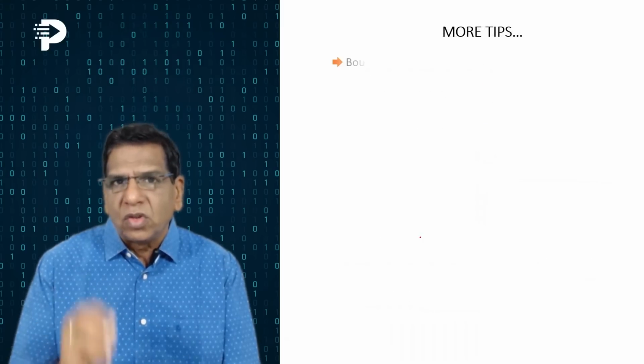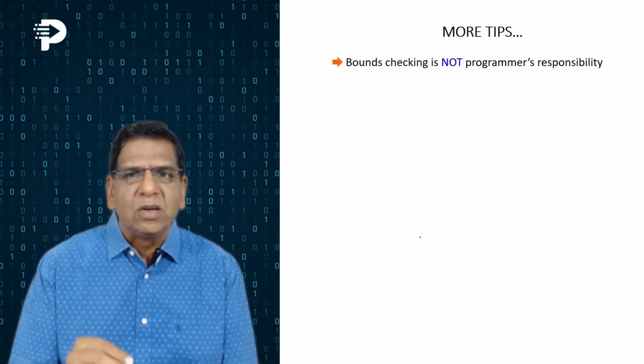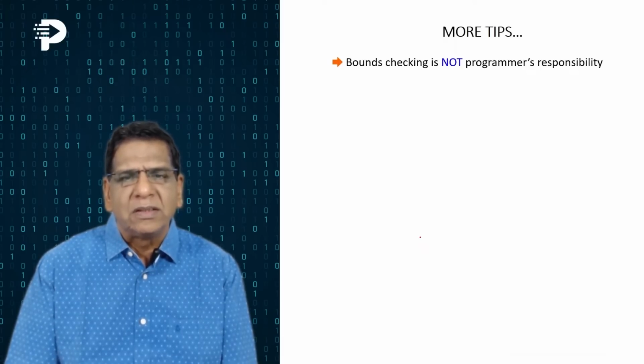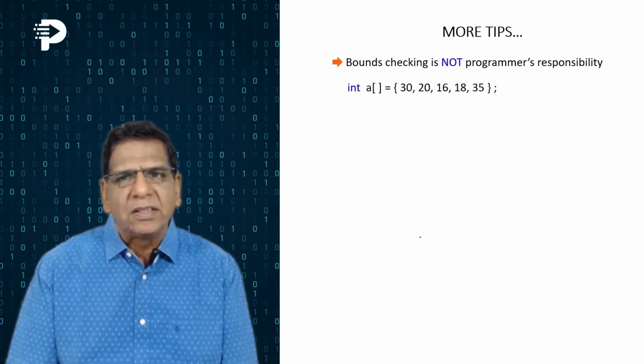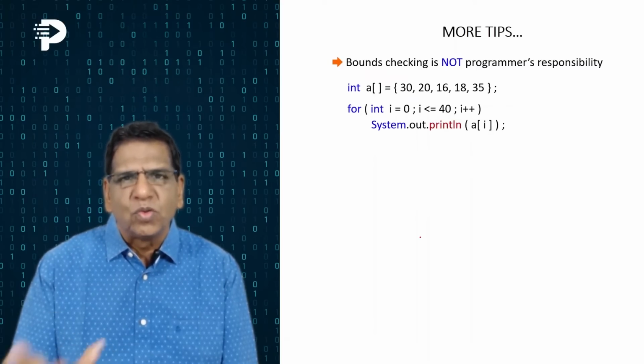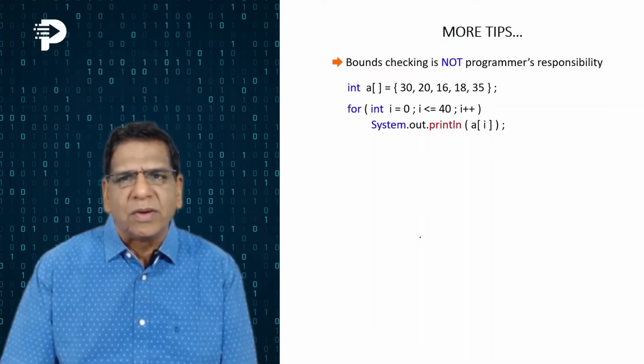Then, it is not a programmer's responsibility to check the bounds of an array. By this what I mean is that if you construct a 5 integer array like this and then try to run a loop 40 times and within that try to print out a[i]. Well, 0 to 40 I cannot do because there are only 5 elements.